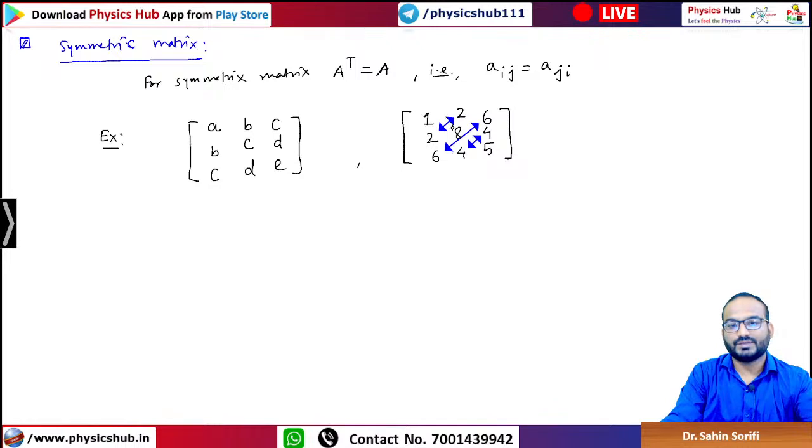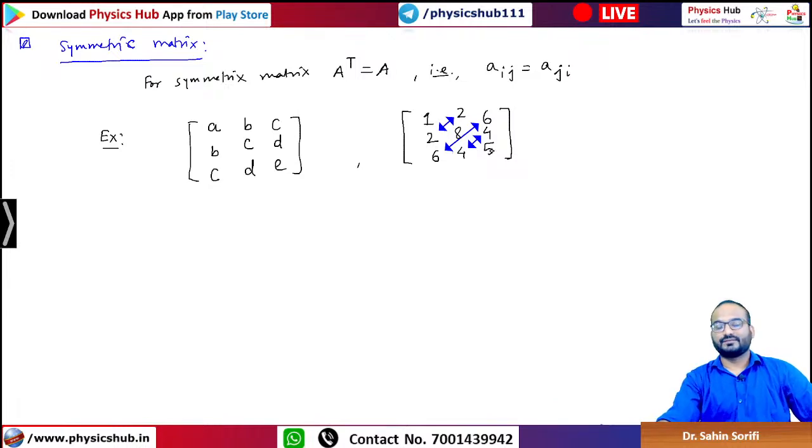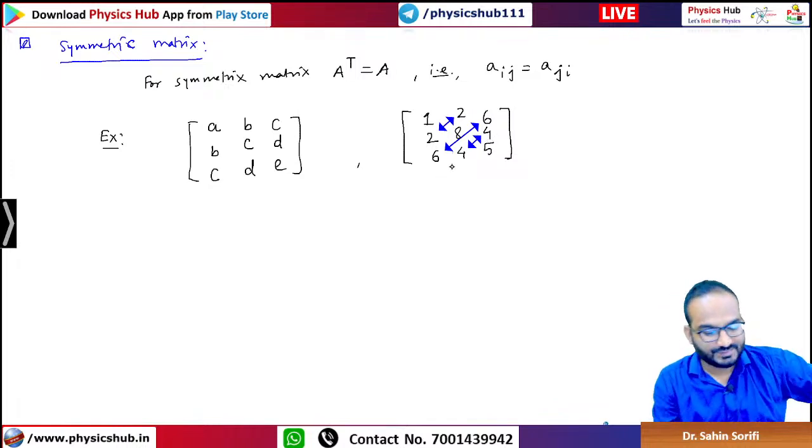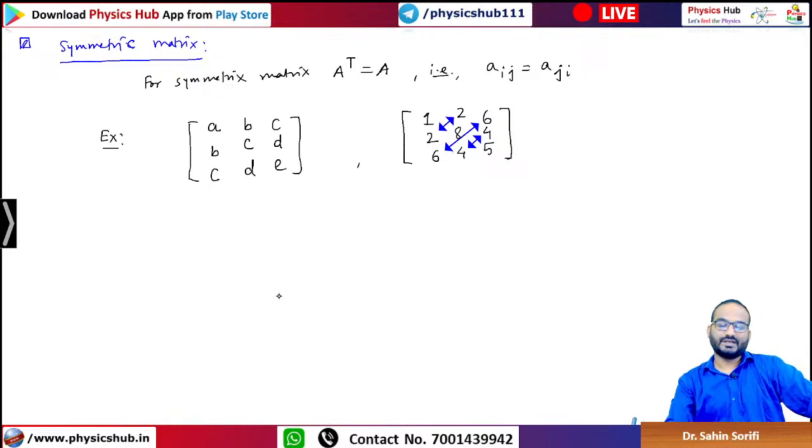So can you tell me how many independent components are there? 1 8 5, these are 3 independent components, and 2 6 4, so total 6 elements. They are independent.